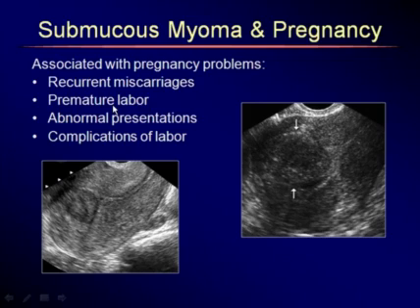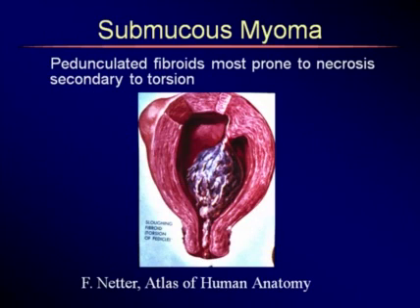It is known that submucosal myomas do cause pregnancy problems. There are histories of recurrent miscarriages, premature labor, abnormal presentations. There are various complications of labor, so these are very important for the clinician to know about.